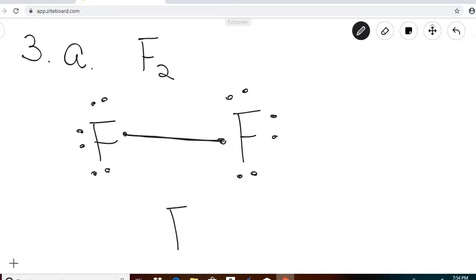So then we could draw it like this. Okay, so by sharing that one pair of electrons, each of the fluorines will have 8 valence electrons at least part of the time.